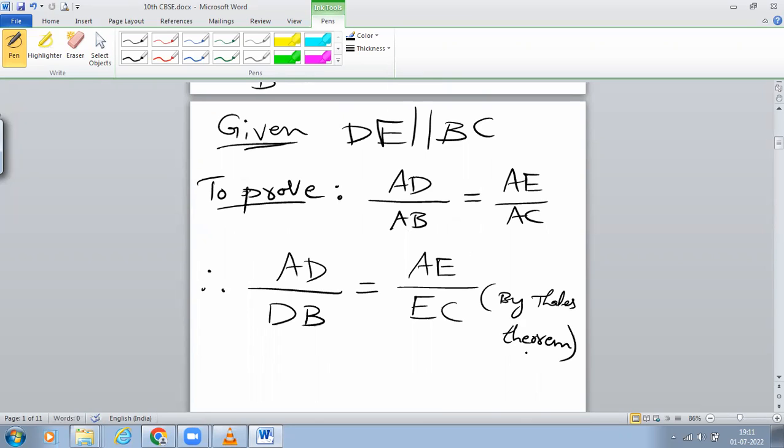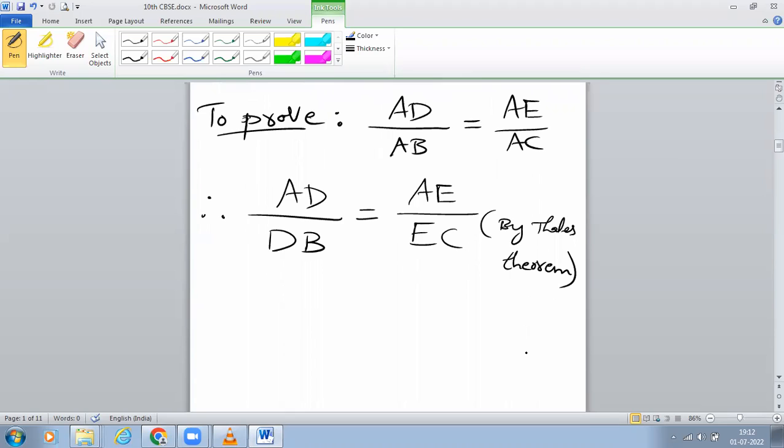Okay, please write. Finished? Now listen carefully. Next step. Since it is given in the question that the line is parallel to BC, one side of a triangle, the line divides the other two sides in the same ratio because of Thales theorem.